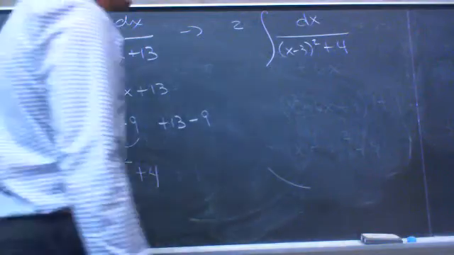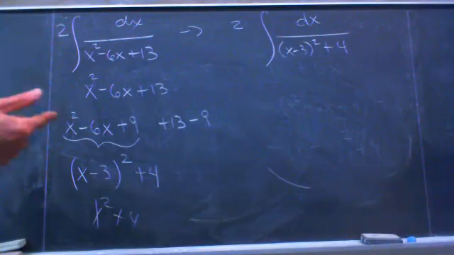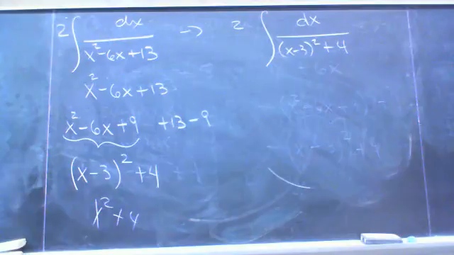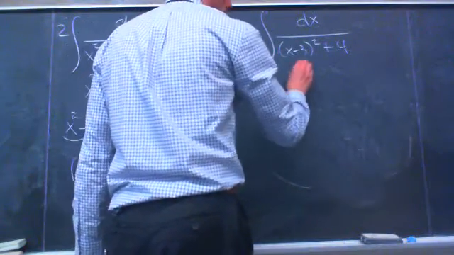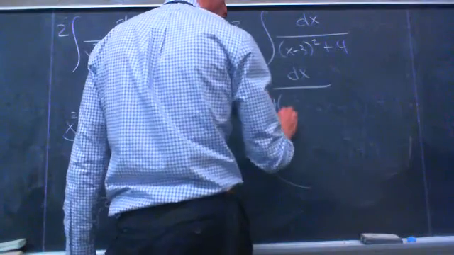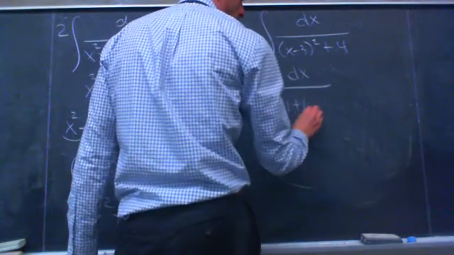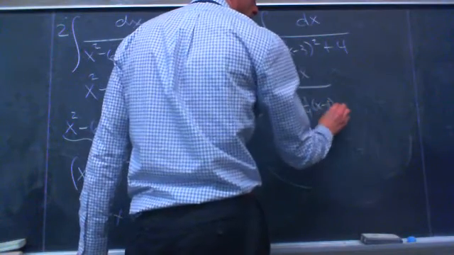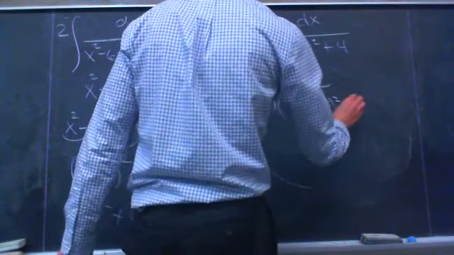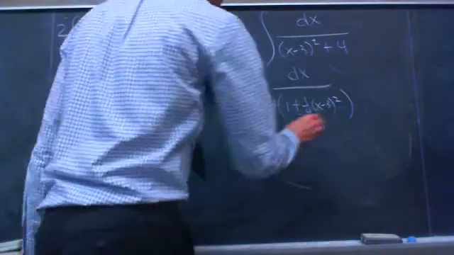Before I choose my u and using the tangent inverse one, I have to make this constant a 1. So I'm going to pull out that 4 and make it 4 times (1 plus 1/4 times (x minus 3) squared). I think that's good.